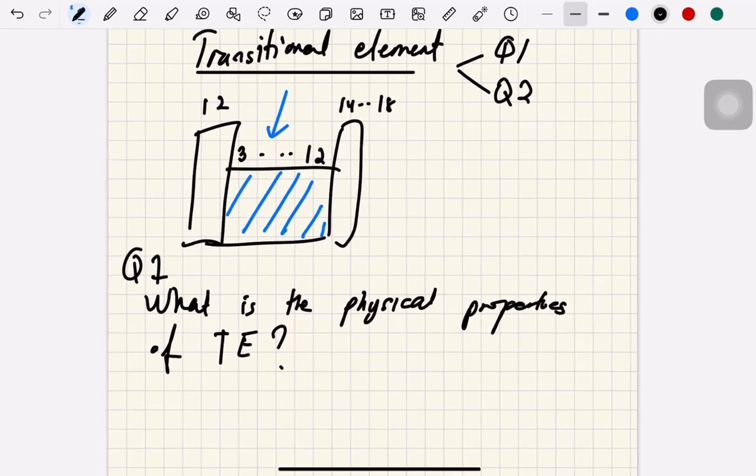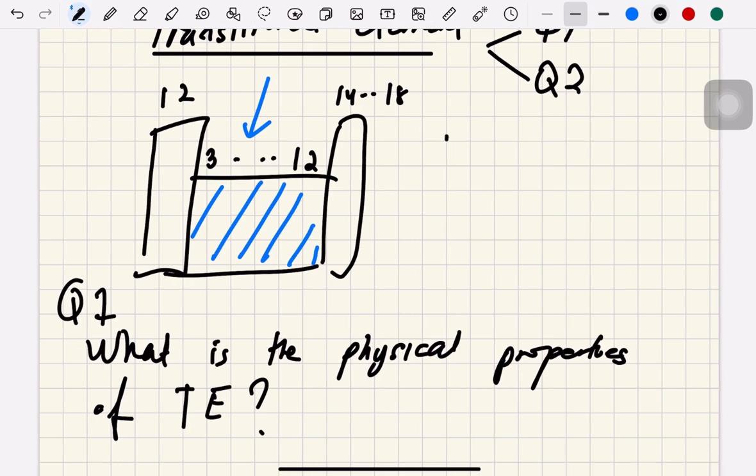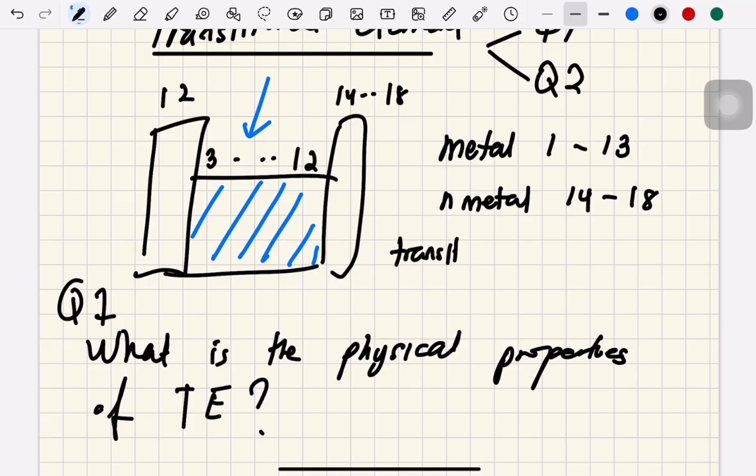So kalau ingat tak I've mentioned about metal, dia group 1 until 13, non-metal pula 14 until 18. So transitional element duduk between what? Group 3 and until 12.